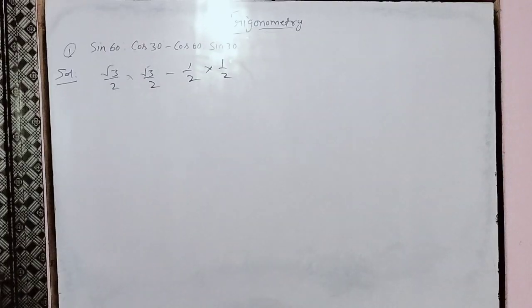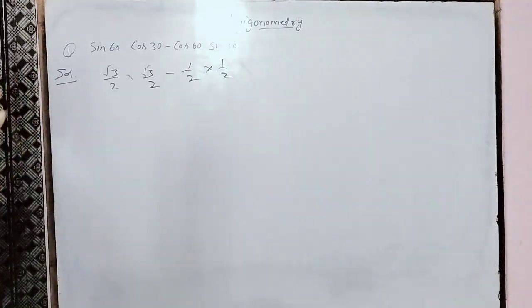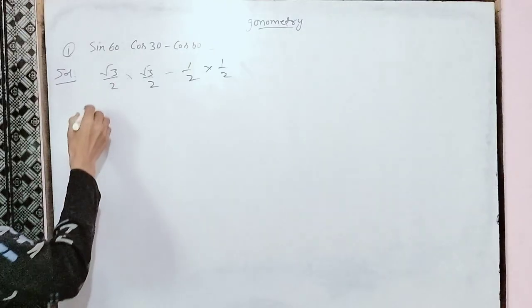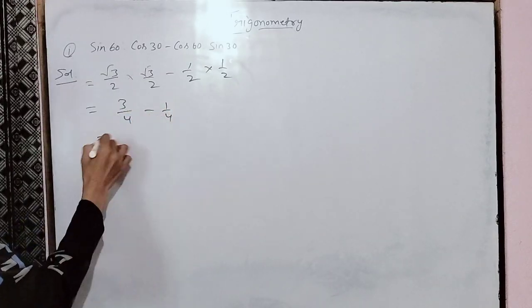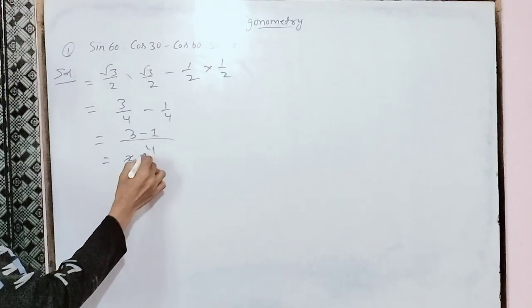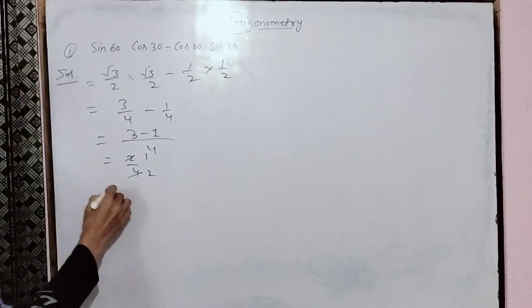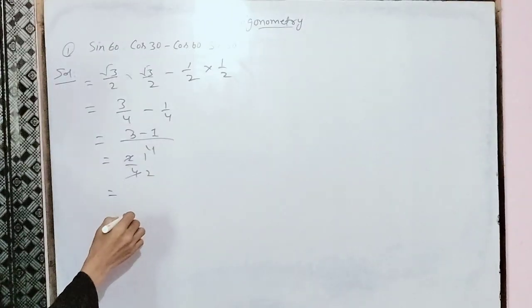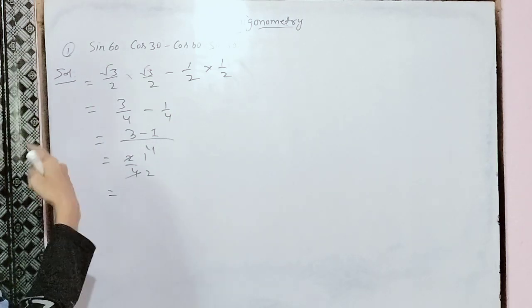Here we have put the value of each given trigonometric ratio. So now it will become how much? We have the fraction 3 minus 1, 2 upon 4, 1 upon 2. I think something is wrong. Am I correct? 3 is a 9.